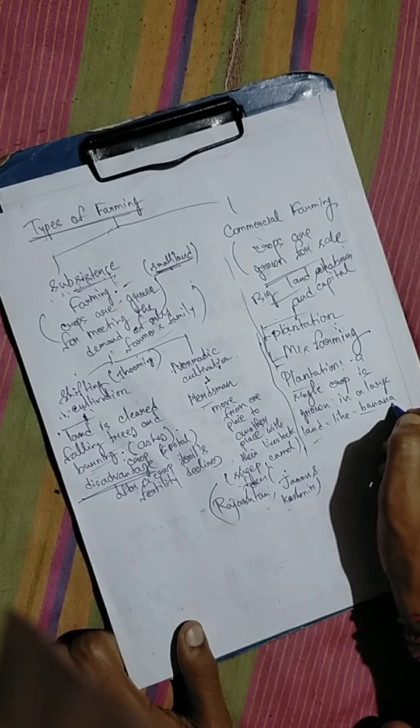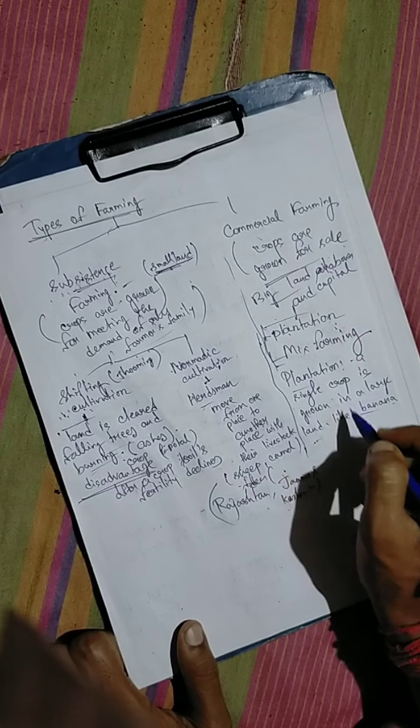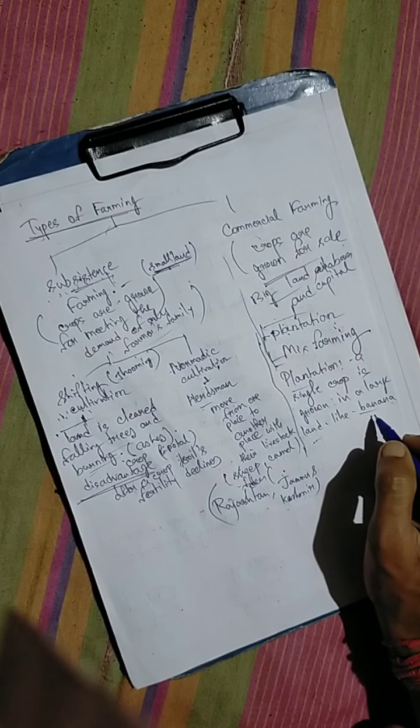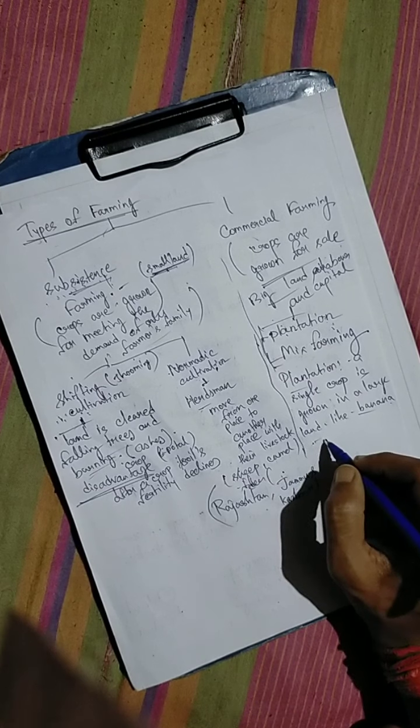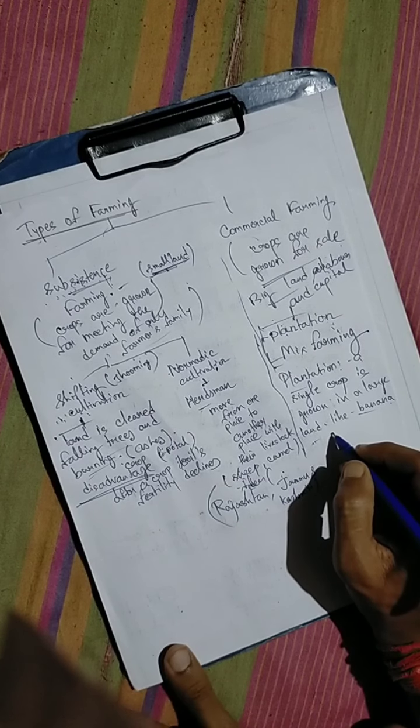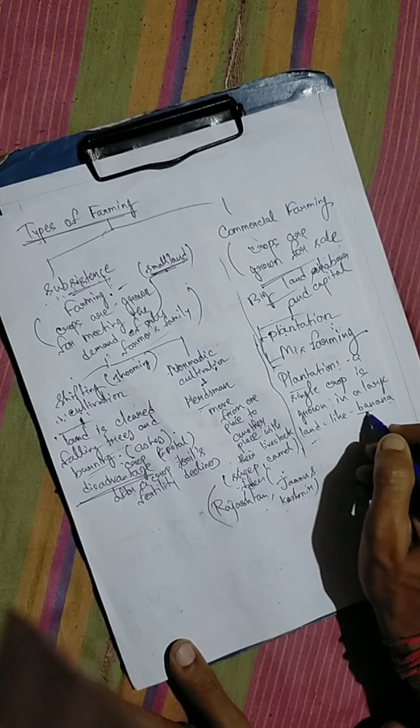You can consider banana as plantation farming, where bananas are grown in large amounts on big land and they are sold in the market.